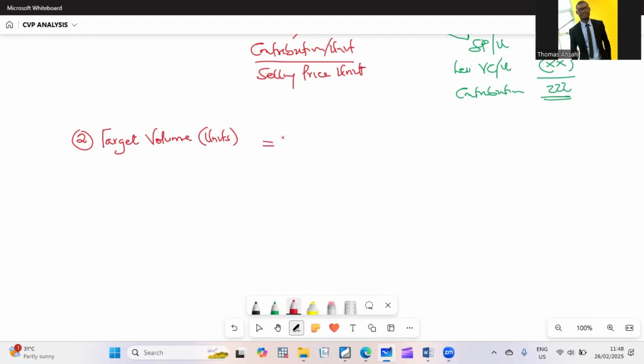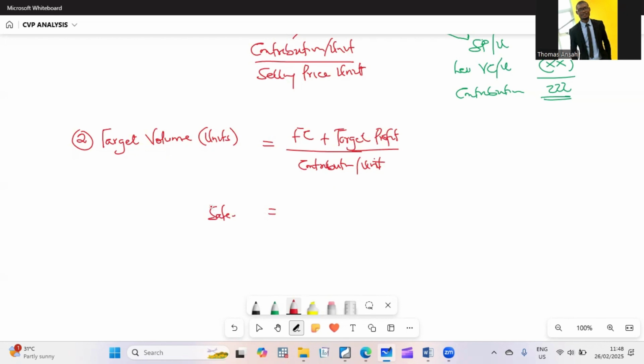This will be given by the fixed cost, which we already know, divided by contribution per unit. But because there is a concept of target in there, you add the target profit to the fixed cost. How much should we sell to get to this target profit? You just use what you've done. And in sales, it's the same thing.